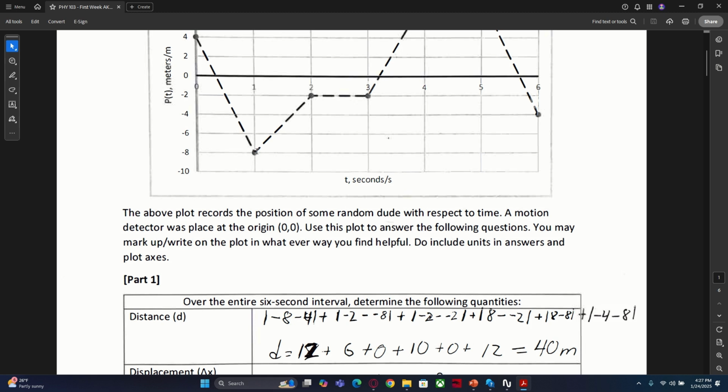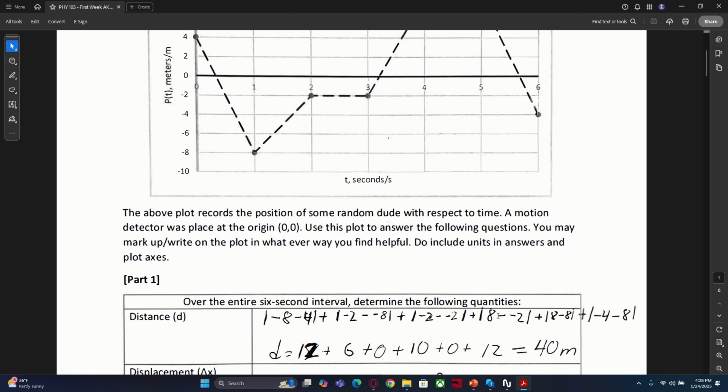Then for the next part, we go from -8 to -2, so that's why it's |-2 minus -8|, plus. Then this line is just going to equal 0, because the first point is at -2 and the second point is -2.